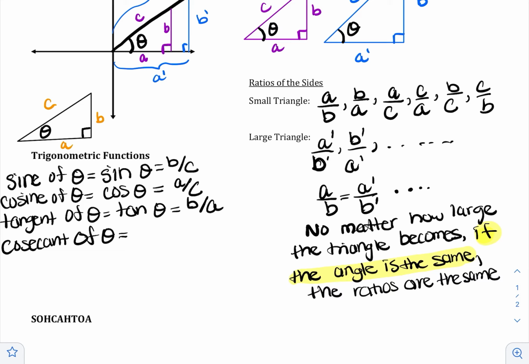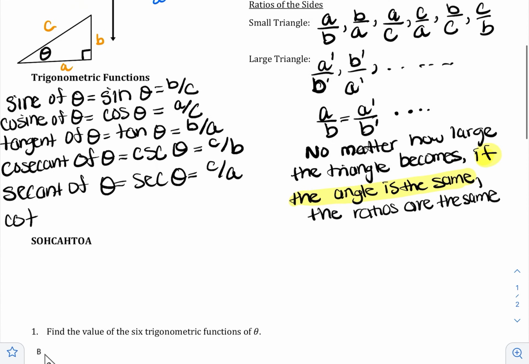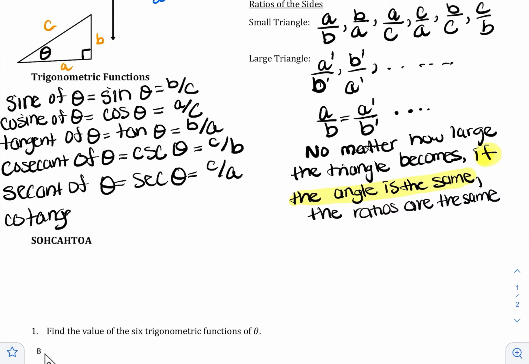I cannot use the first 3 letters because if I use the first 3 letters, it will look like cosine. So what we do is we use C-S-C of theta. This is going to be C over B. Then I have the secant of theta. Here we can use the first 3 letters. This is going to be C over A. And I have one more ratio, which we call the cotangent of theta. And again, we can use the first 3 letters. Yay. And that's going to be A over B.